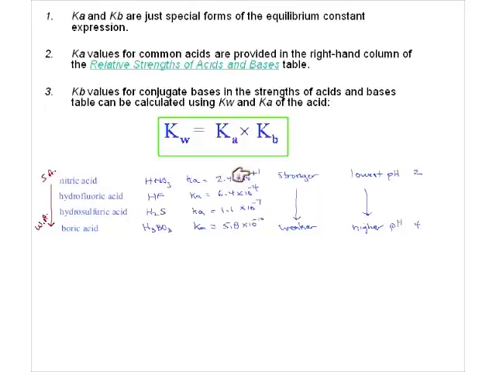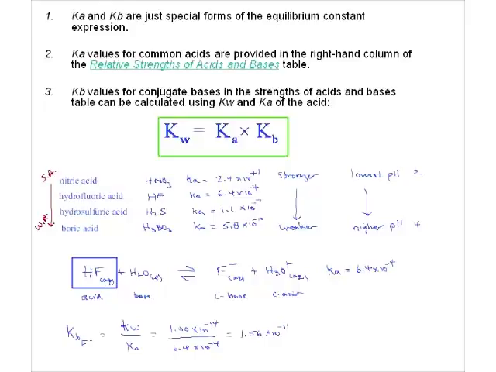K is greater than 1 here, which makes it a strong acid. Each of these guys, K is less than 1, K is much less than 1, K is much, much, much less than 1. So as we go down the table, we're getting weaker and weaker and weaker. So the smaller the Ka, the weaker the acid.